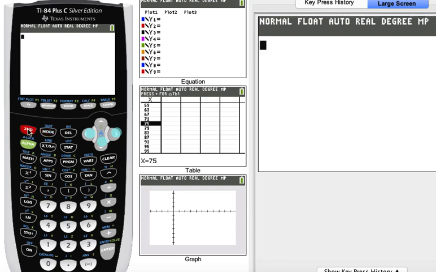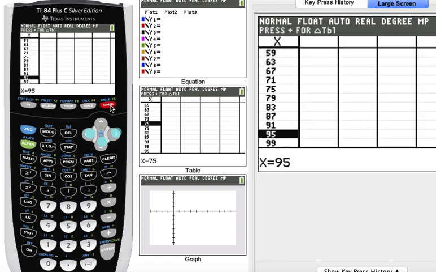So we're gonna do second graph. And look, all of a sudden, there's our table. And you can see the first row was 59, second, third, fourth, fifth, sixth, seventh, eighth, ninth, and 10th. And you see the 10th row had 95 seats.